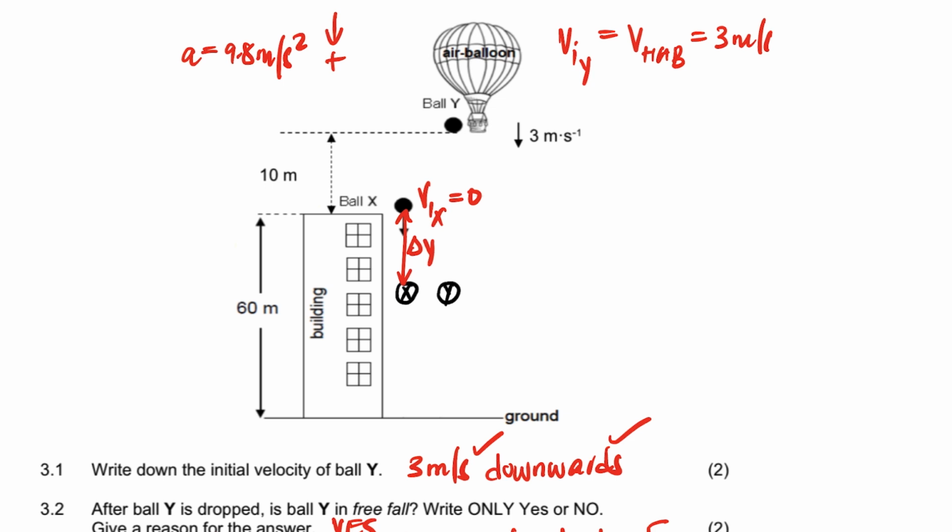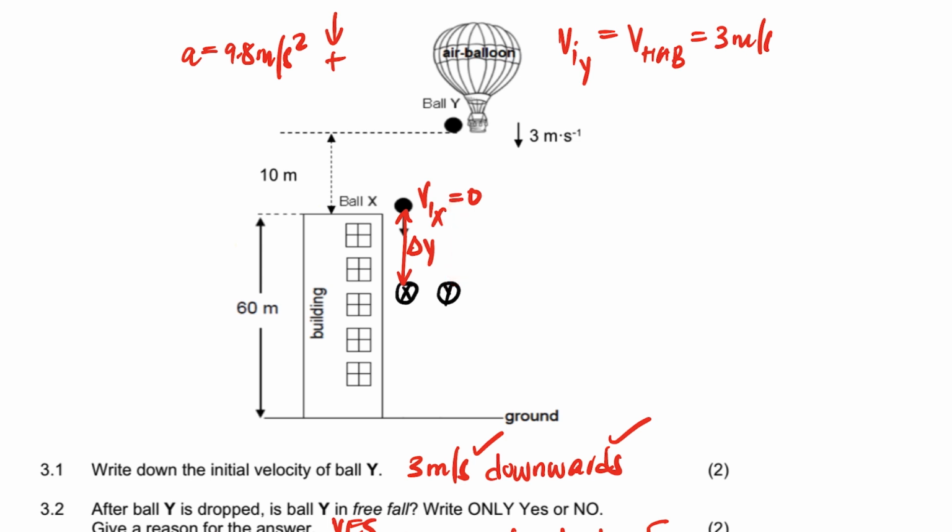But look at ball x and ball y. They travel the same distance while it was here. Ball y will travel from there to there as soon as it passes the edge of the building. From there to there, it's the same distance.